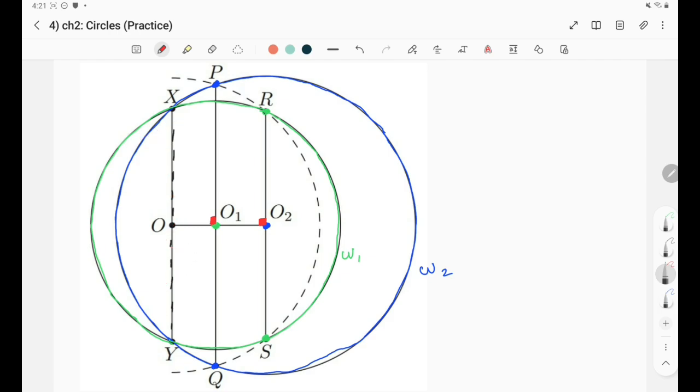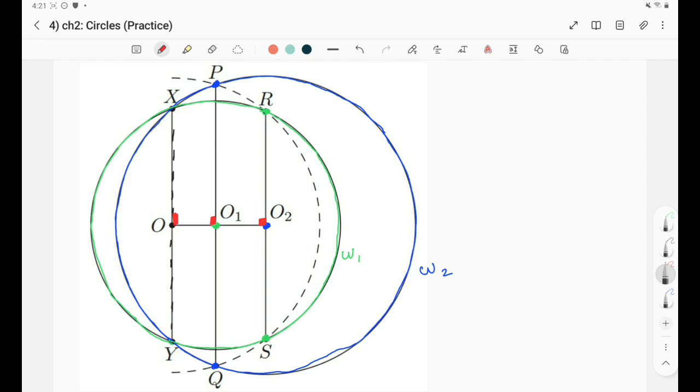Why are we doing this? Because now we already know we have a 90 degrees here, and we know exactly where this point O is. We know it lies on XY. We know we have this nice perpendicularity. So we have more control of this. But of course now we don't know it's the center. Our goal is to show that it's the center for P, R, S, and Q.